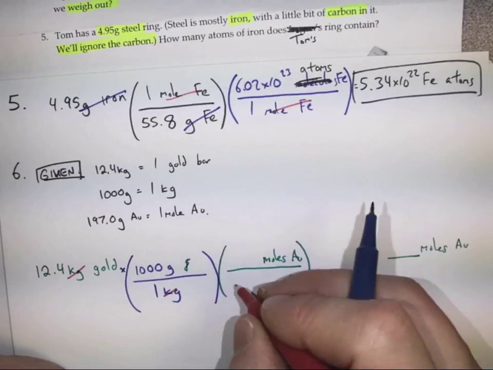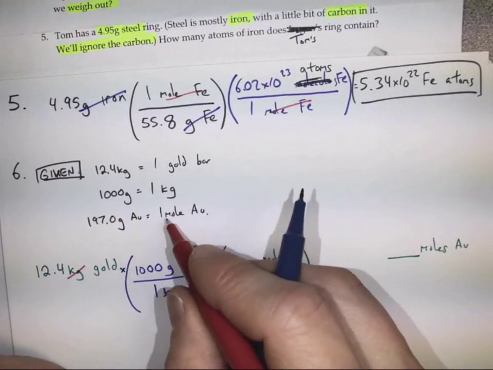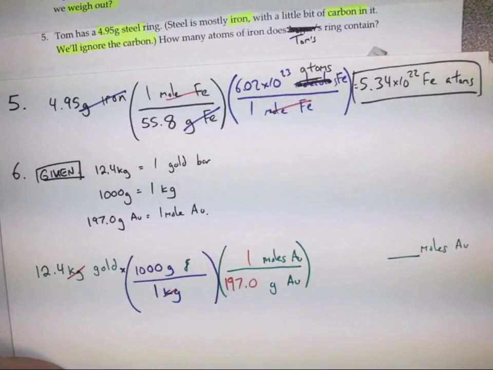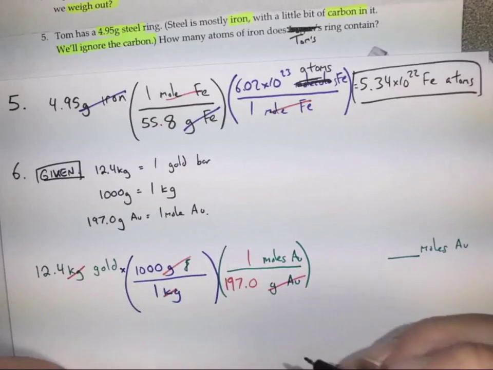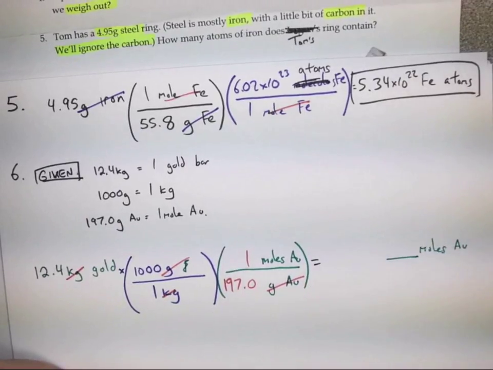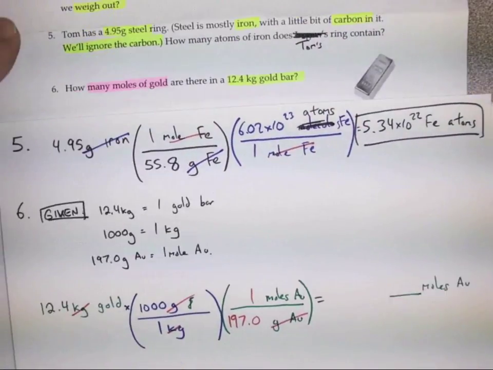Well, 197.0. And how many moles? Well, 1 mole. Okay. So then I can see grams also cancel out. We're going to end up with moles of gold when we're done. Okay, and that's what we were looking for, right? We were asked to find how many moles of gold there are in a 12.4 kilogram bar.